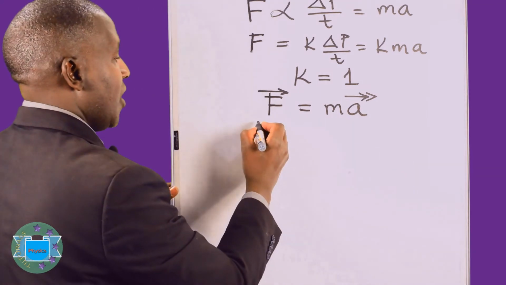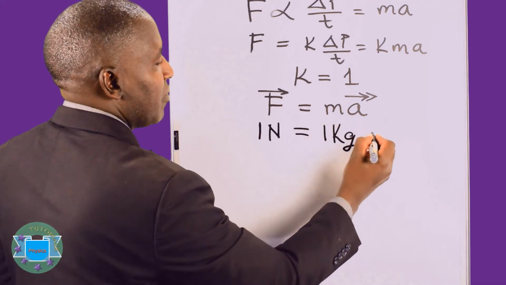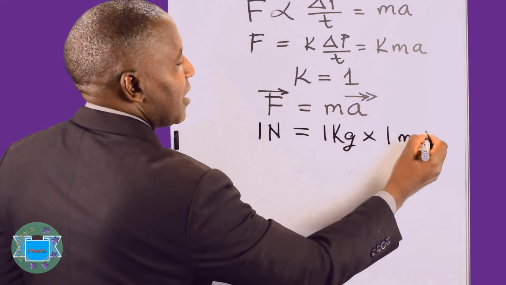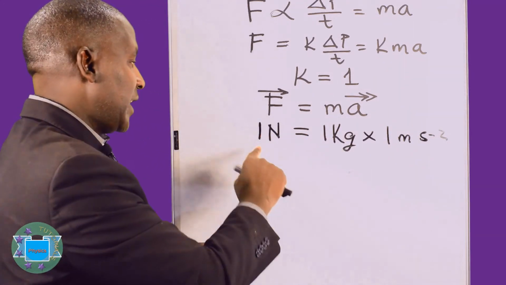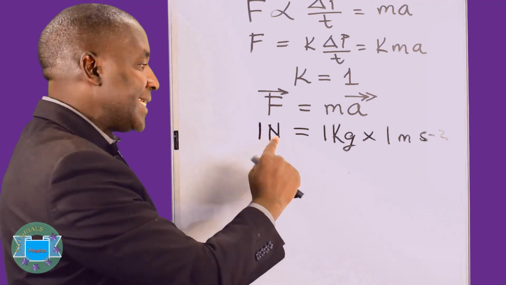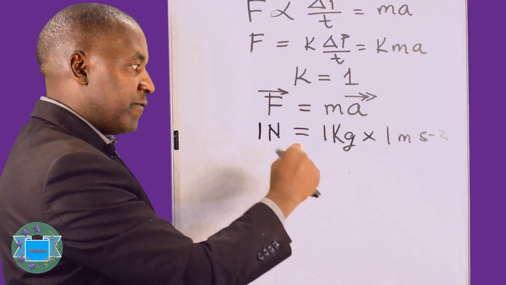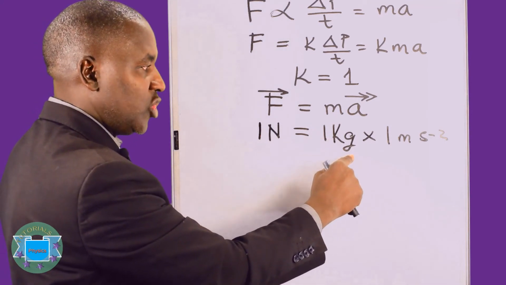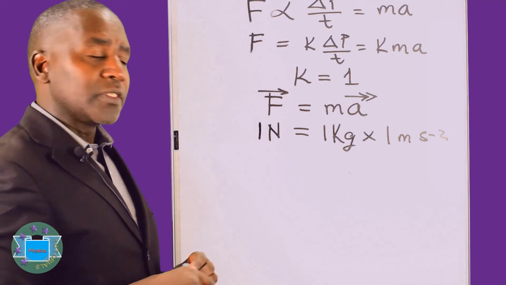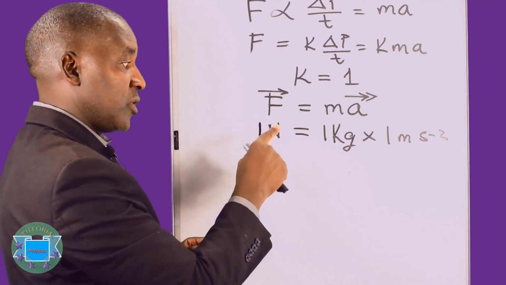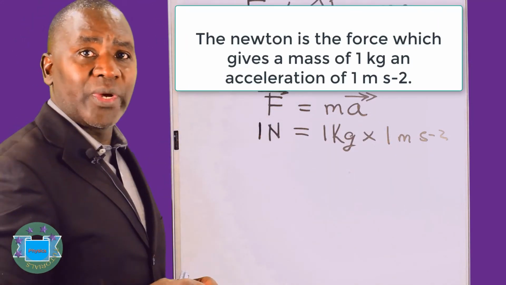So you're going to say 1 Newton is equal to 1 kilogram times 1 meter per second squared. 1 Newton is the force which is required to give a mass of 1 kg an acceleration of 1 meter per second squared.